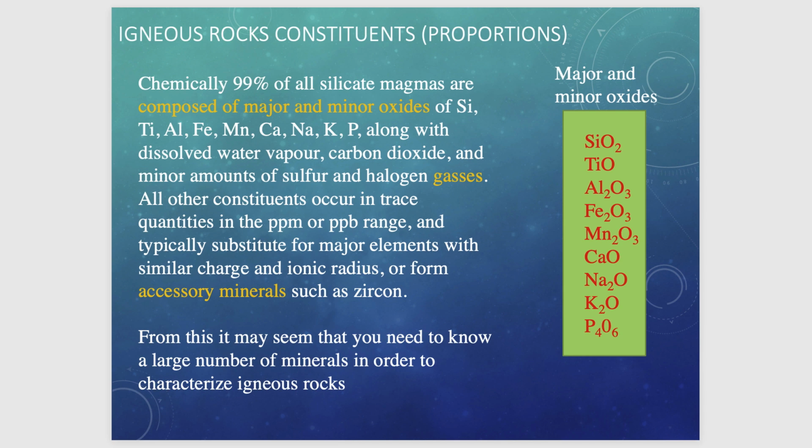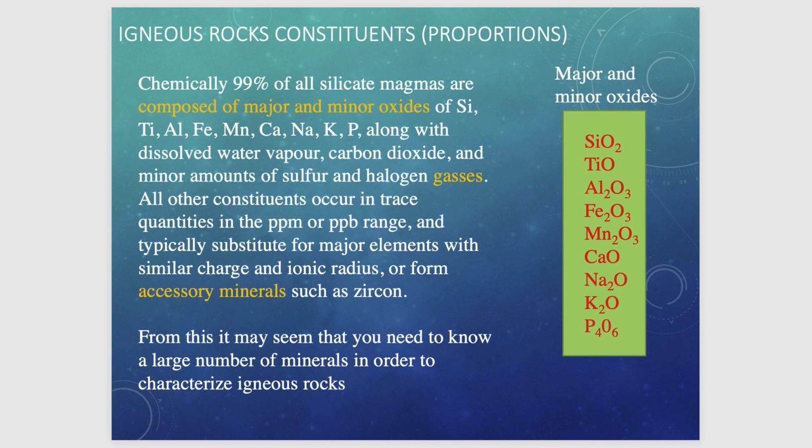So chemically, 99% of all silicate magmas will be composed of major and minor oxides, and this includes silica, titanium, aluminum, iron, manganese, and all those more alkaline elements such as sodium and potassium.